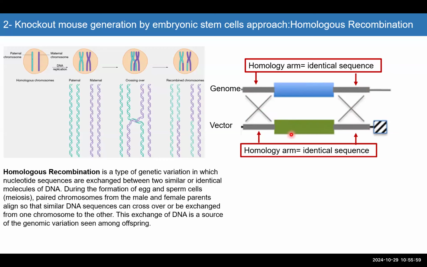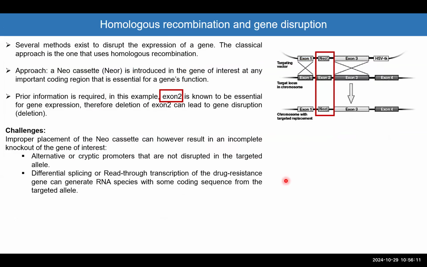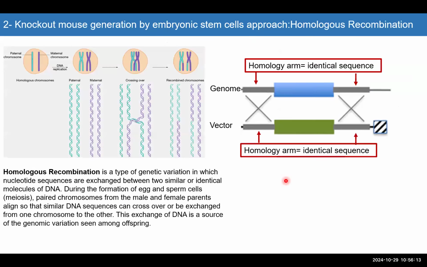And what I would do is to engineer that vector to introduce whatever I want in the green that should replace the blue. So the end product would be that we replace the blue part of the gene with the green part of the gene. Okay, so that's exactly what we're gonna do, but I will go into more detail in the next few slides.